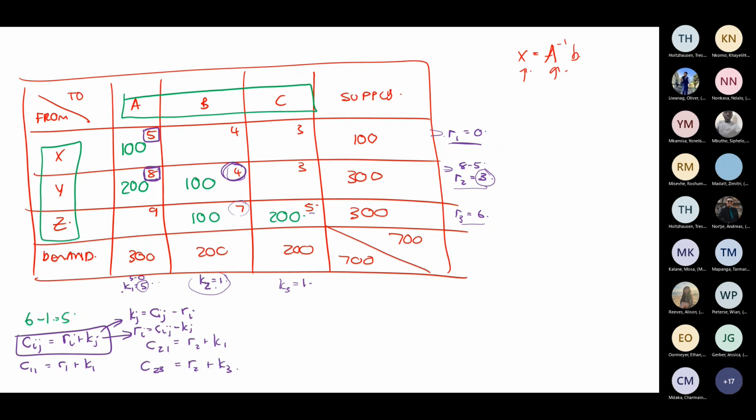Now remember, your second step is to find your differences. The differences are all those empty cells. So now you're going to find values for the differences, and you're going to put them in this left corner. You utilize the formula: your difference is your cost minus your row number minus your column number. Okay? So you just go to any of the non-empty cells.